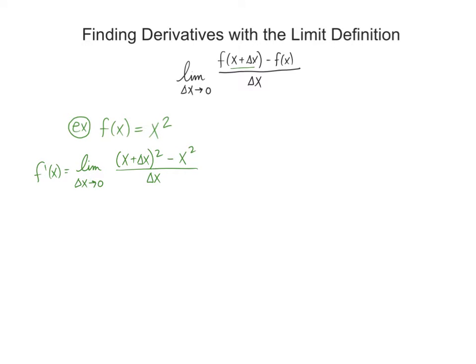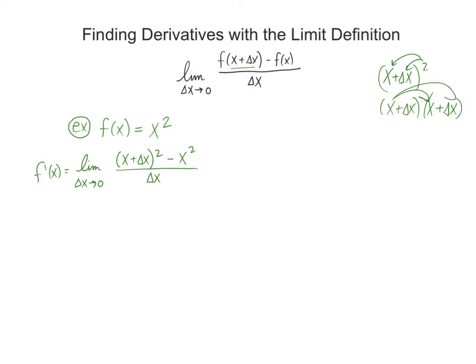Next thing we do is just some algebra. We just simplify. And for us, that's going to be squaring out this quantity, x plus delta x. Remember, you cannot square x plus delta x just by distributing the square. Doesn't work that way. You have to write it out twice, and you probably learned the acronym FOIL. We're going to FOIL it out.